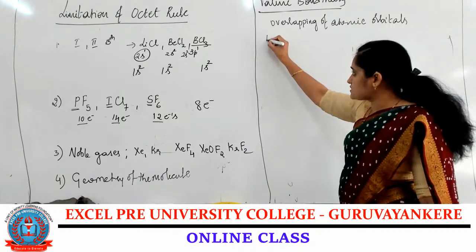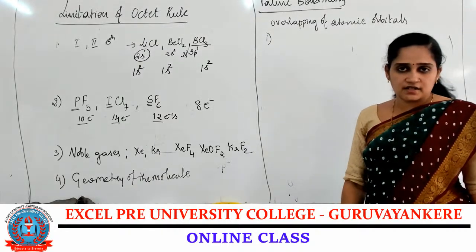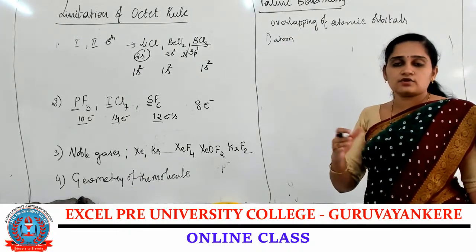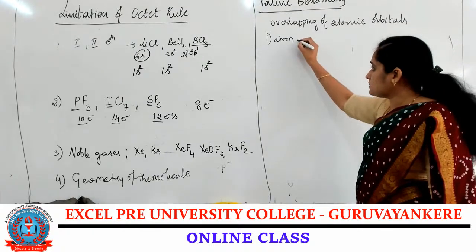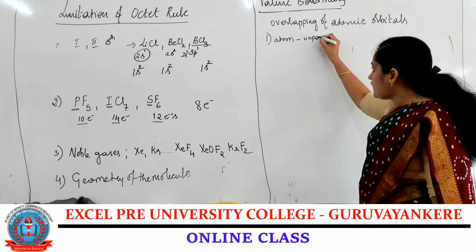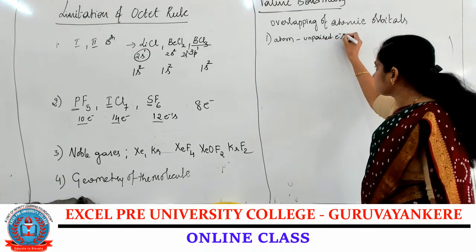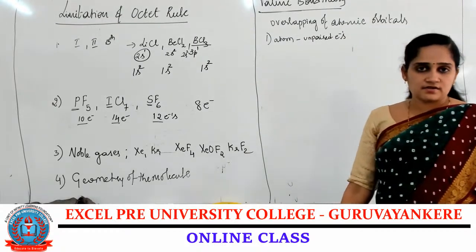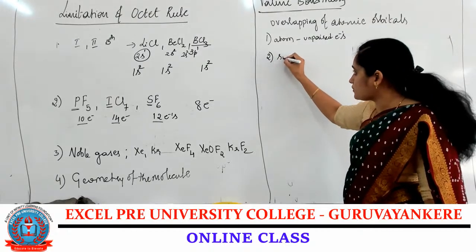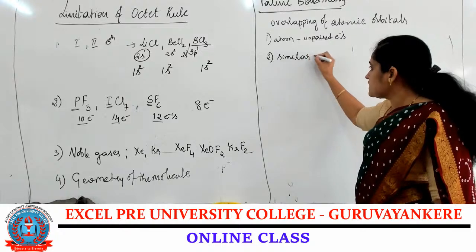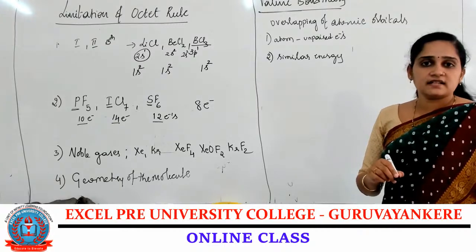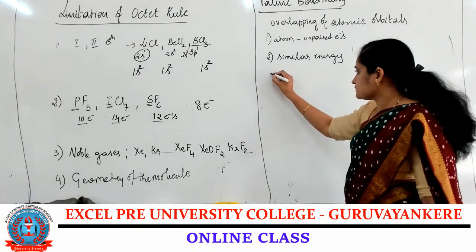According to the valence bond theory, some postulates are mentioned. The atom which is undergoing bond formation has a valence shell containing unpaired electrons, and these unpaired electron orbitals have similar energy.